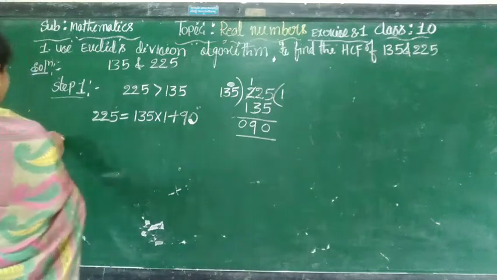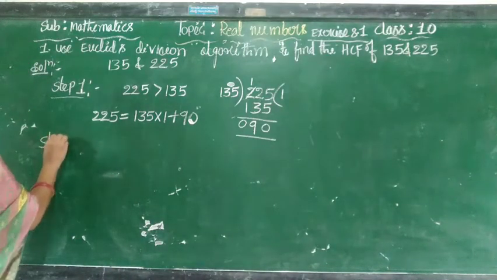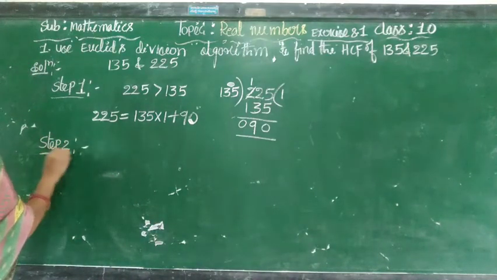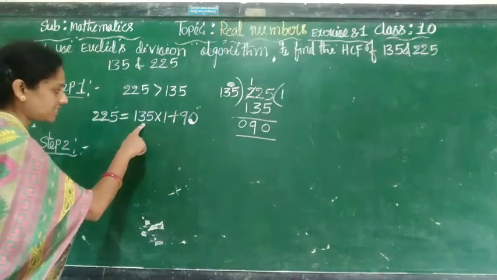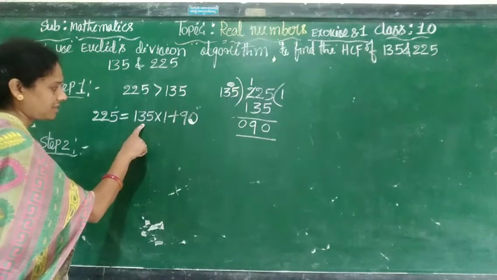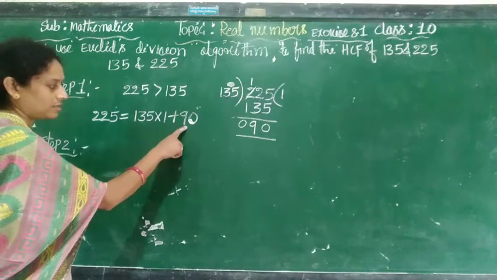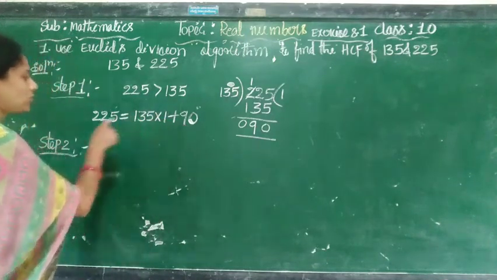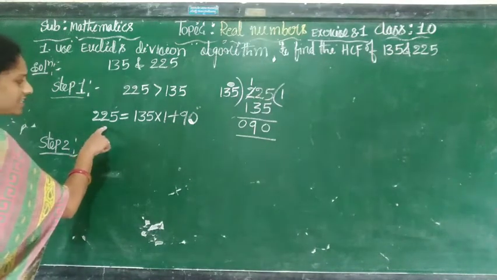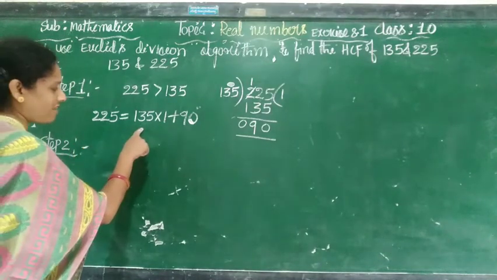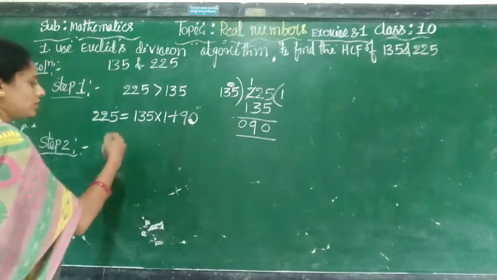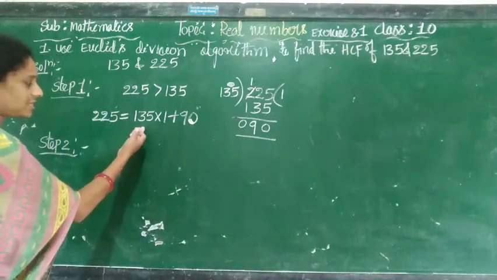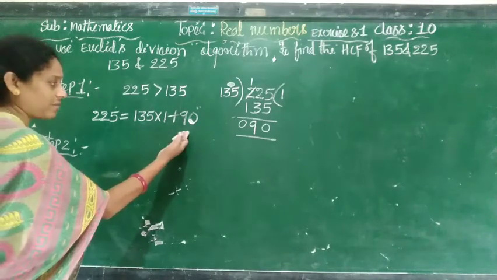So in the second step, we consider the new divisor and the new remainder. So dividend is equal to divisor into quotient plus remainder. So in the next step we consider the new divisor and the new remainder.